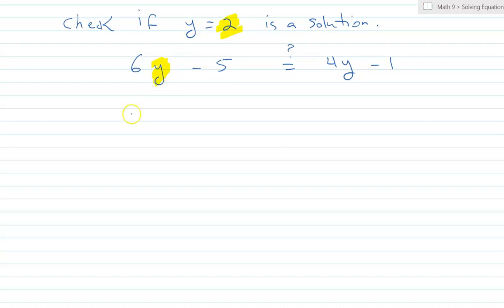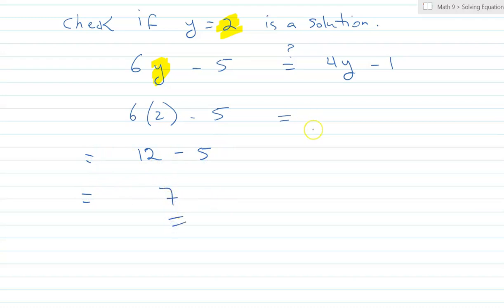So here it is, 6 times 2 minus 5. Let's continue with this. That would be 12 minus 5, and 12 minus 5 is 7.